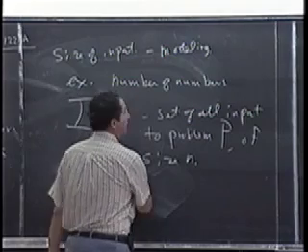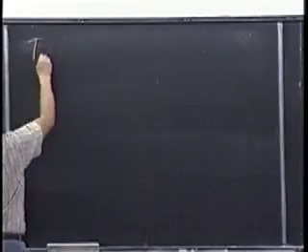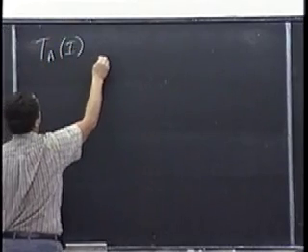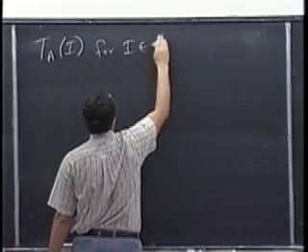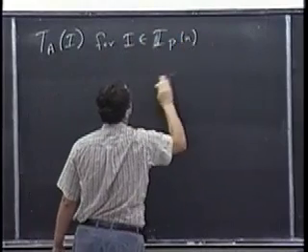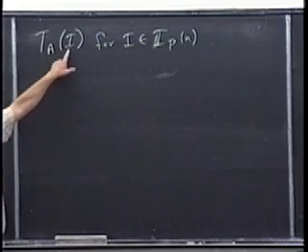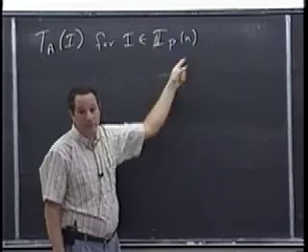All right. Then we're actually getting somewhere now. T_A(I) for I contained in I_P(n). This I is a particular input taken from this set.